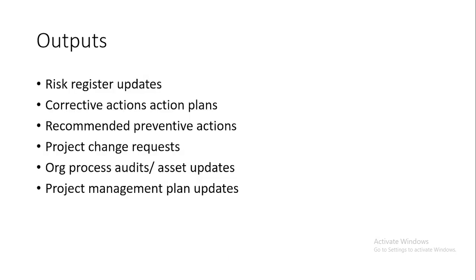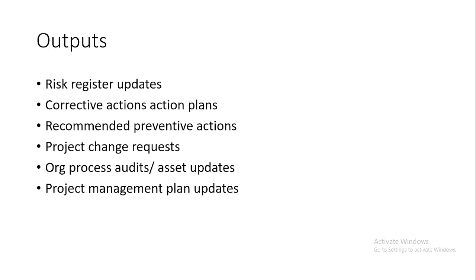Outputs, same graphical things. You can look at the risk registers, outputs of your risk monitoring, corrective action plans, recommended preventive actions, project change requests, organization process asset updates, and project management plan updates.